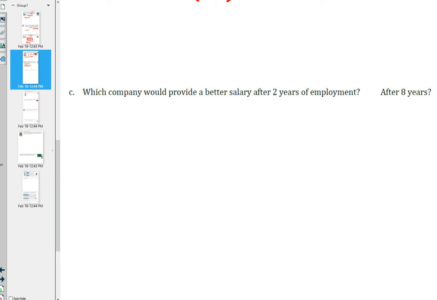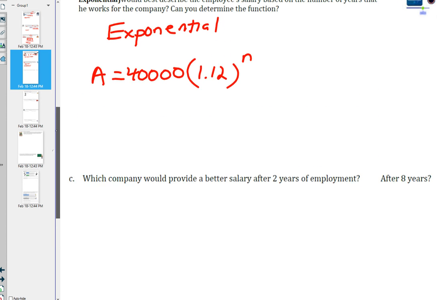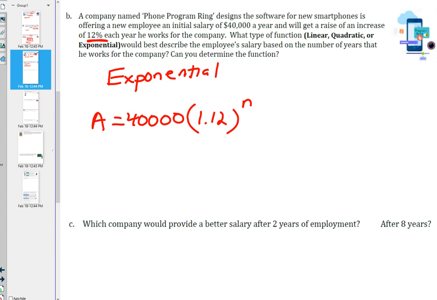Which company will provide a better salary after 2 years of employment, and then after 8 years? So we would now plug in 2 and plug in 8.